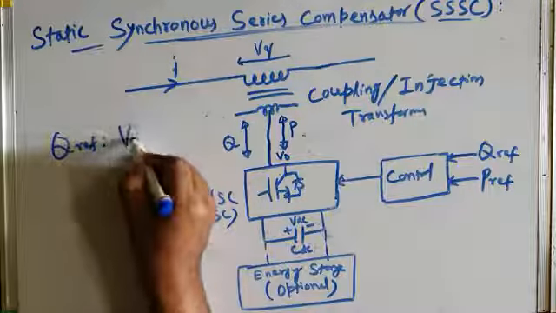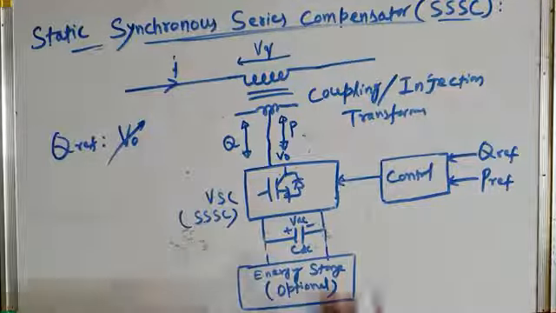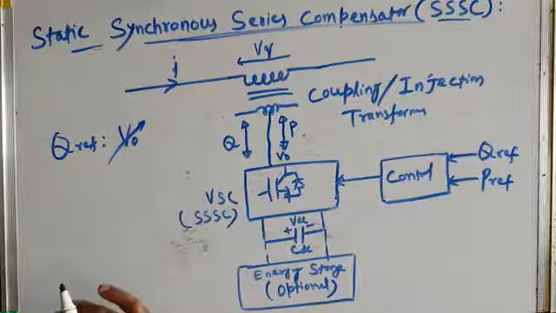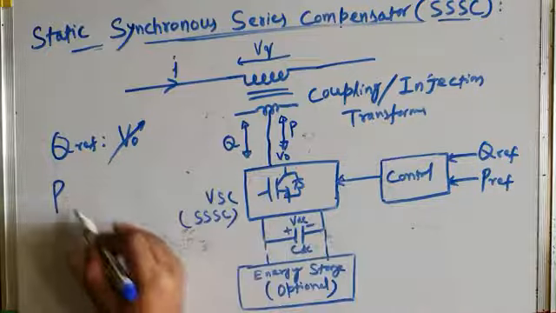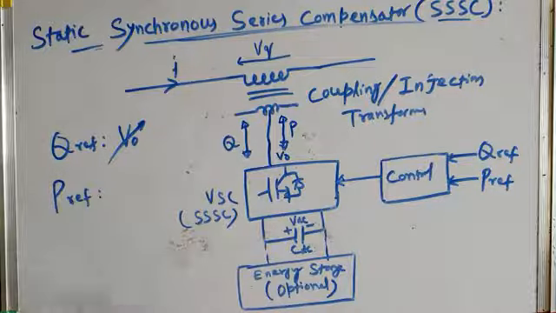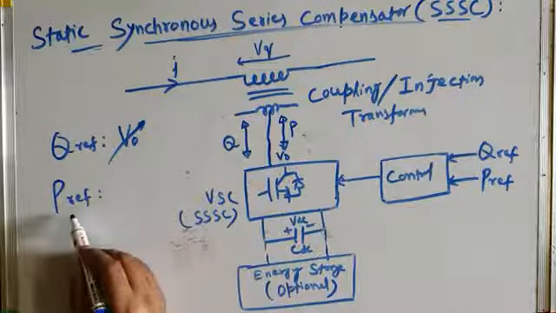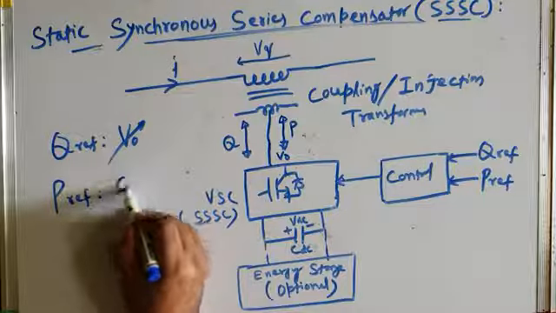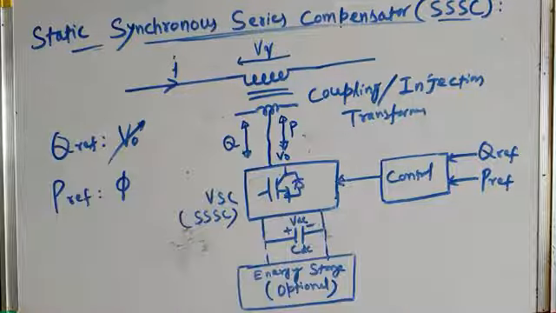The reference reactive power QREF controls the magnitude or amplitude of the inverter's three-phase output voltage V0 for reactive power control. And the reference active power PREF controls the phase angle of the inverter output voltage.